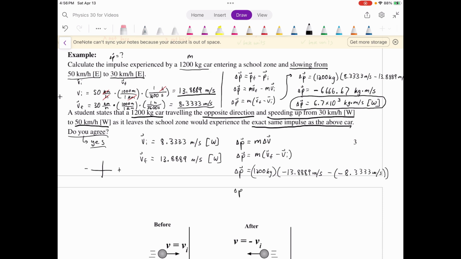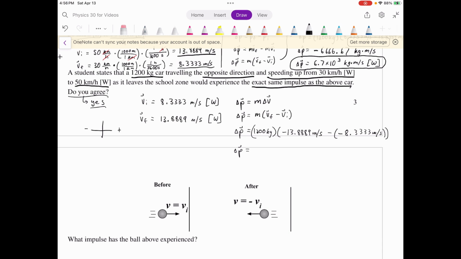So subtract those and then multiply by 1,200. We're going to do negative 13.8889 minus negative 8.3333. So minusing a negative gives us a plus. So 1,200 kilograms times negative 5.5559 meters per second once you subtract those two.